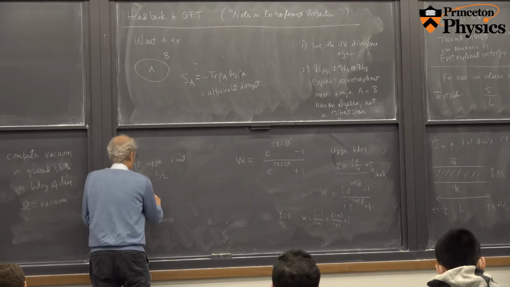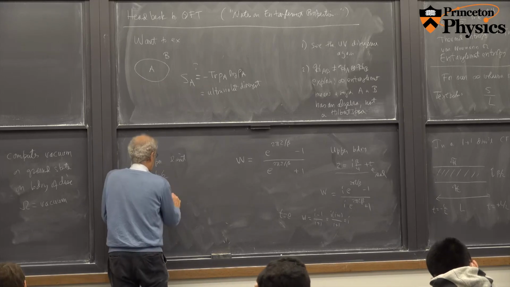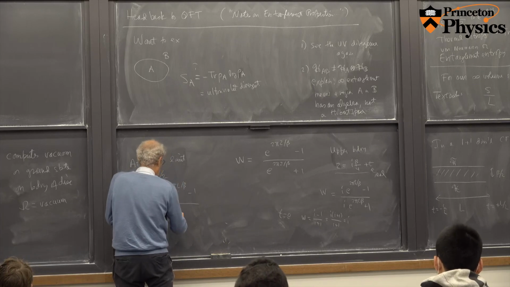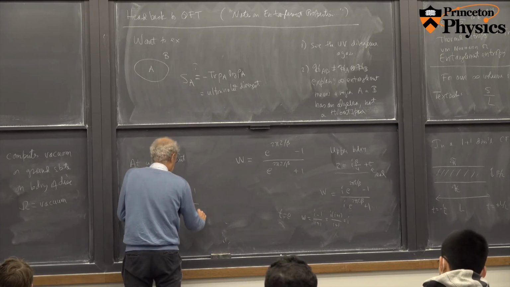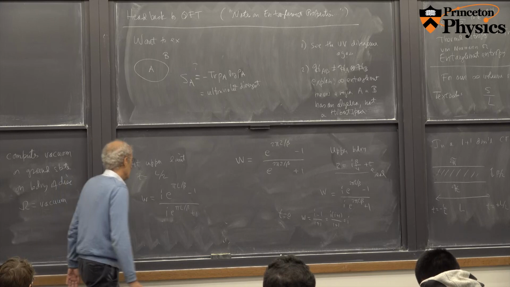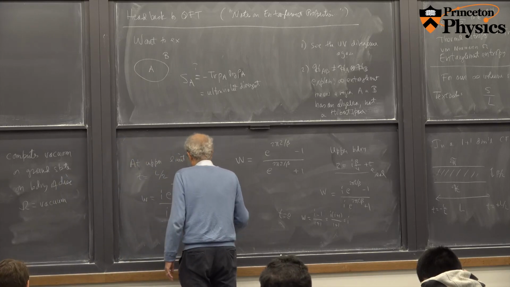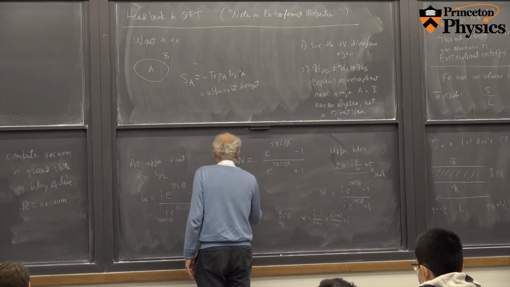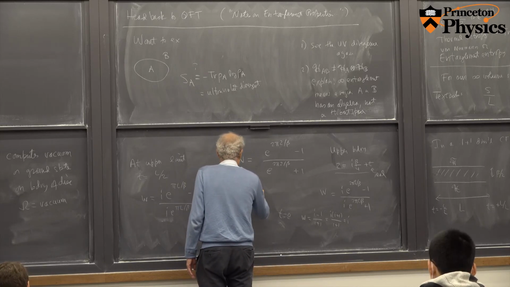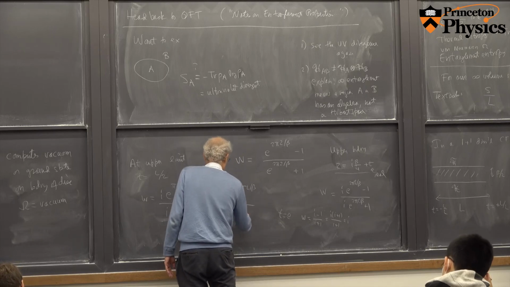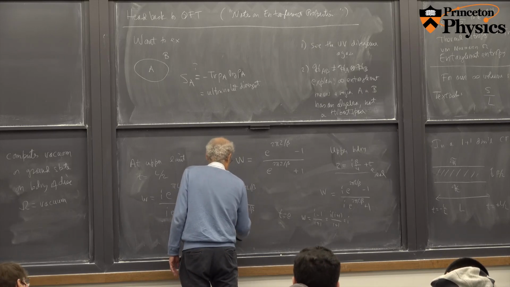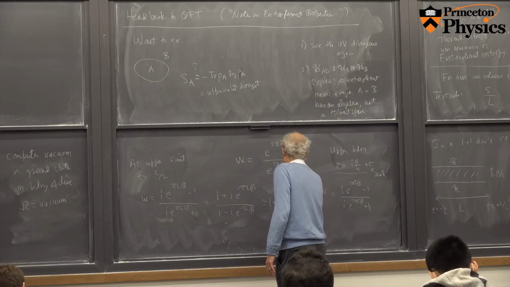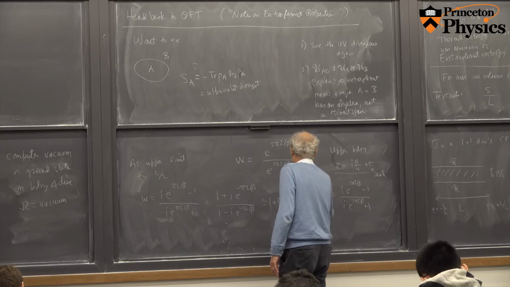So W is i times e to the pi L over beta minus 1 over i times e to the pi L over beta plus 1. That's very close to 1, but to find out how close it is to 1, we write it as 1 plus i times e to the minus pi L over beta. And that's approximately 1 plus 2i times e to the minus pi L over beta.